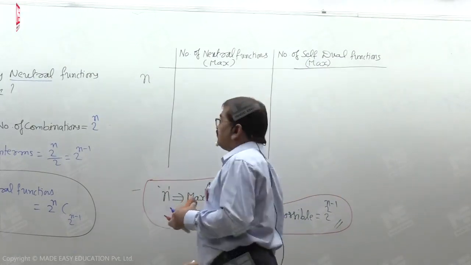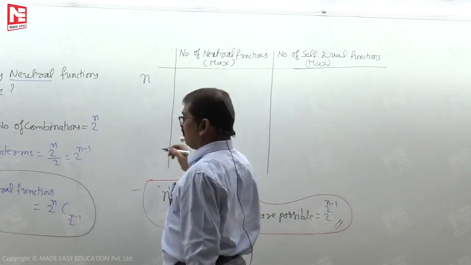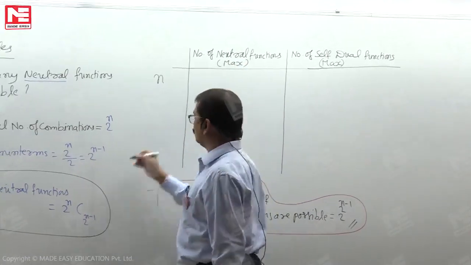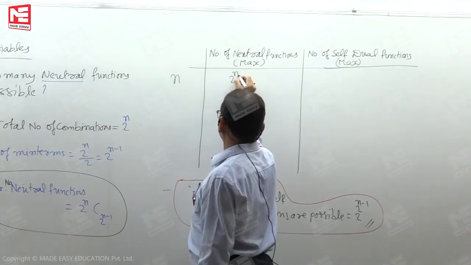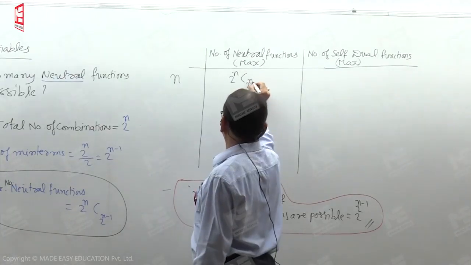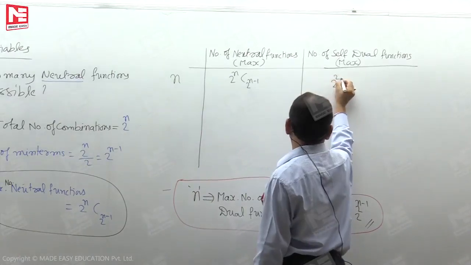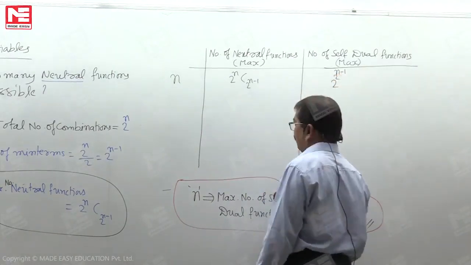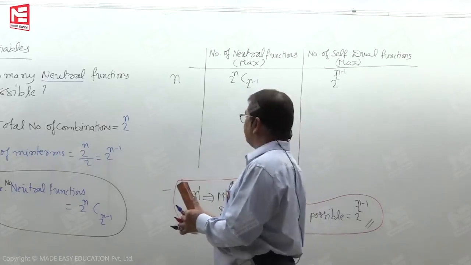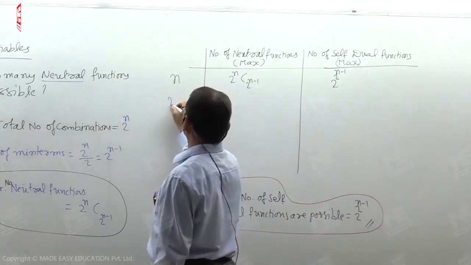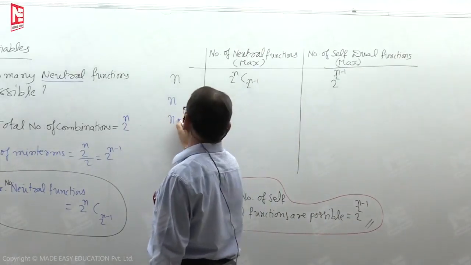So the formula for neutral functions is 2^n C 2^(n-1). For self-dual functions, it is 2^(n-1). So let us check. Suppose n is 3.